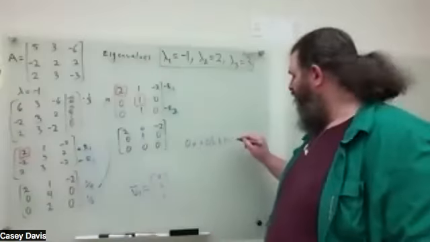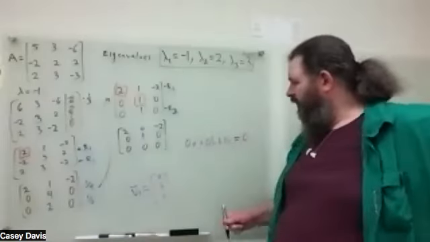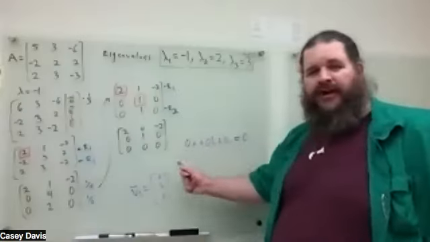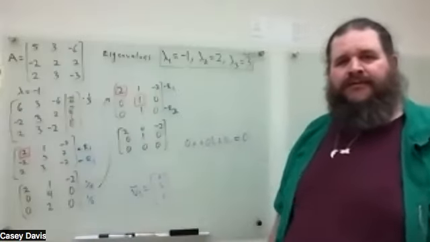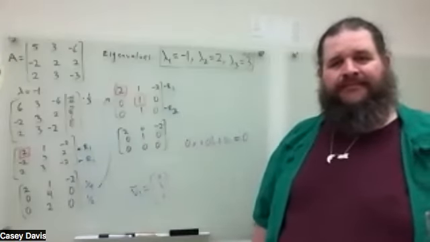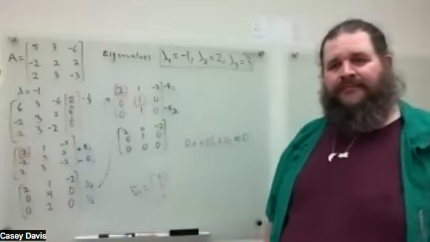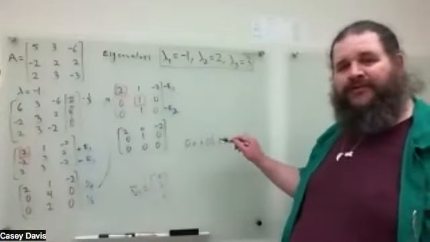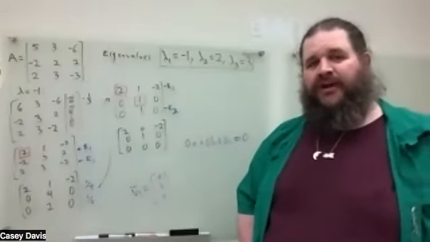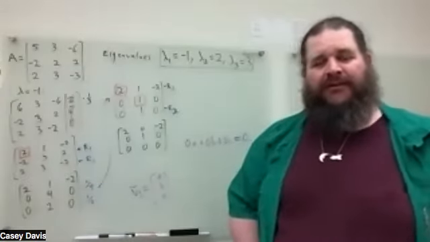We just haven't been writing it out. Equals 0. What values of a, b, and c would make this equation true? If we know that 0a plus 0b plus 0c equals 0, does that give us any restrictions? Or what could a, b, and c equal there?